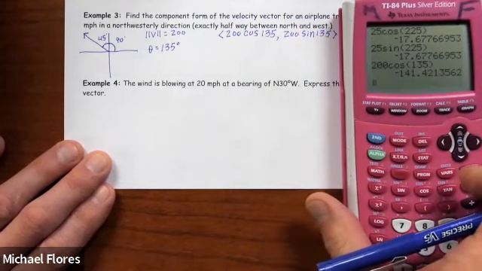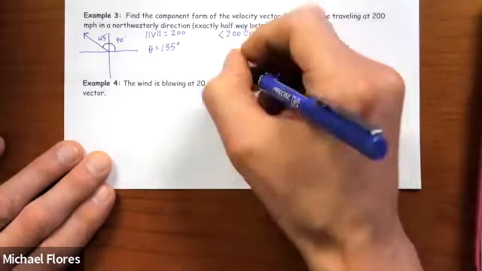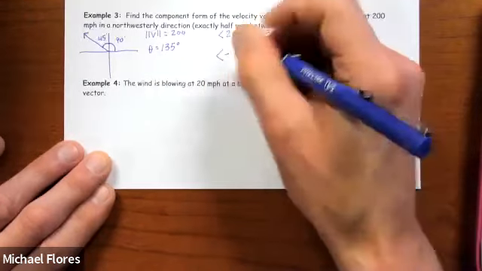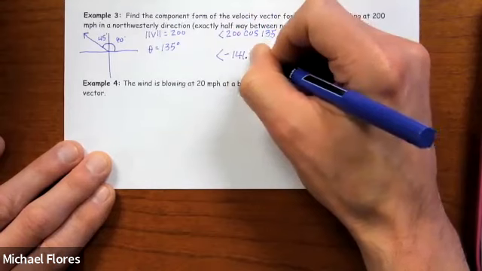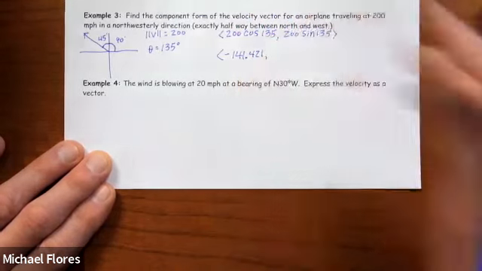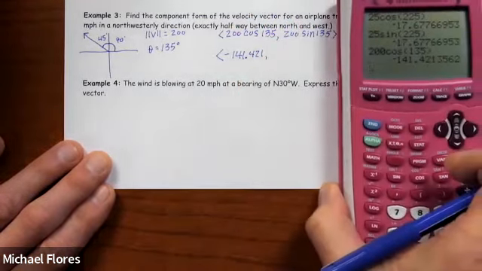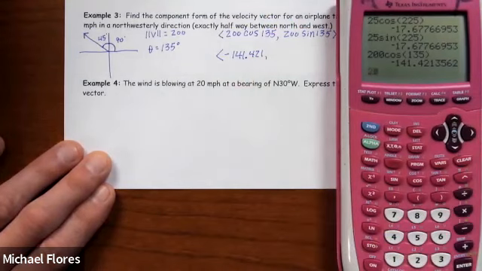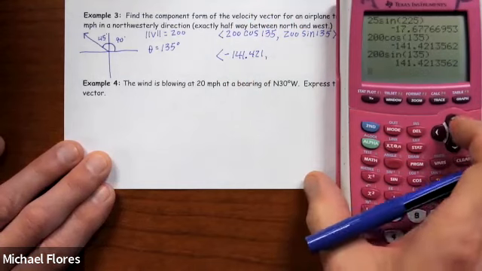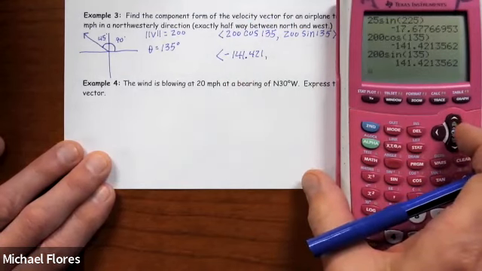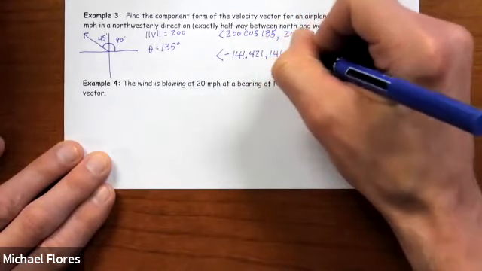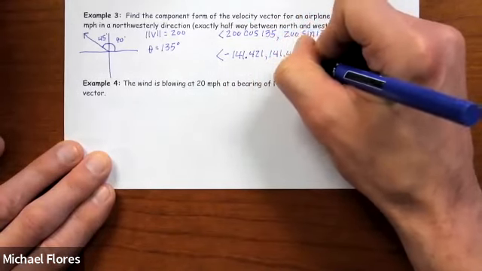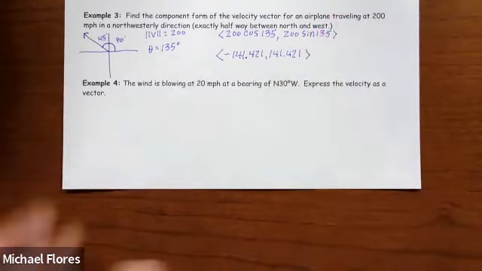Negative 141.421. Now let's go find our sine value. 141.421. And done.